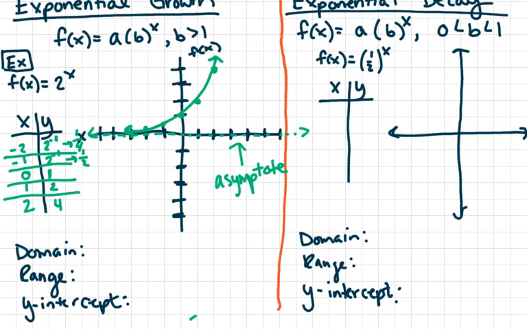Okay, so looking at my domain, remember, all of my x values for my function are all of my inputs. You're looking at your graph from left to right. And so this particular graph goes all the way to the left forever and ever. I know it looks like it stops at -3, but there's an arrow here. It keeps going. And so negative infinity is all the way to the left. Remember, we don't put equal to's with infinities because it's not an actual value.